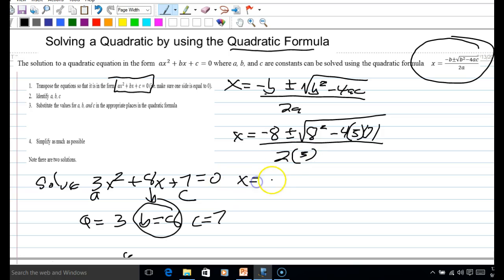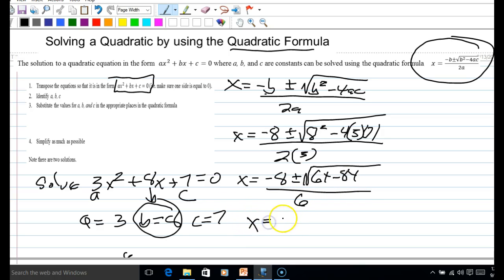So x is equal to minus 8 plus or minus the square root of 8 squared, 64, minus 4 times 3 is 12, and 12 times 7 is 84, all over 6.